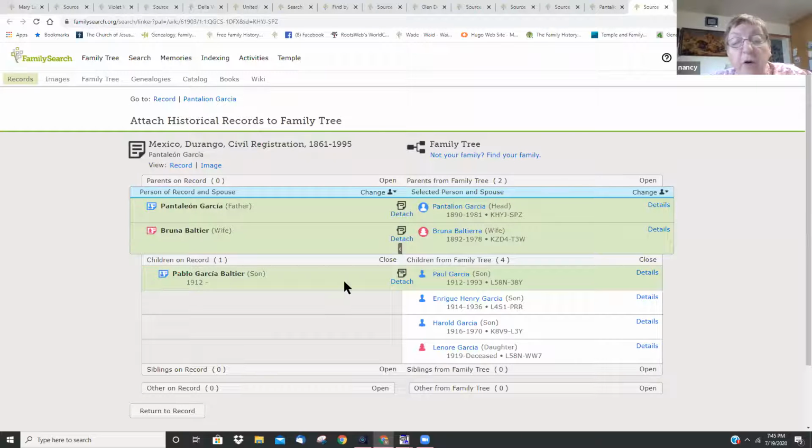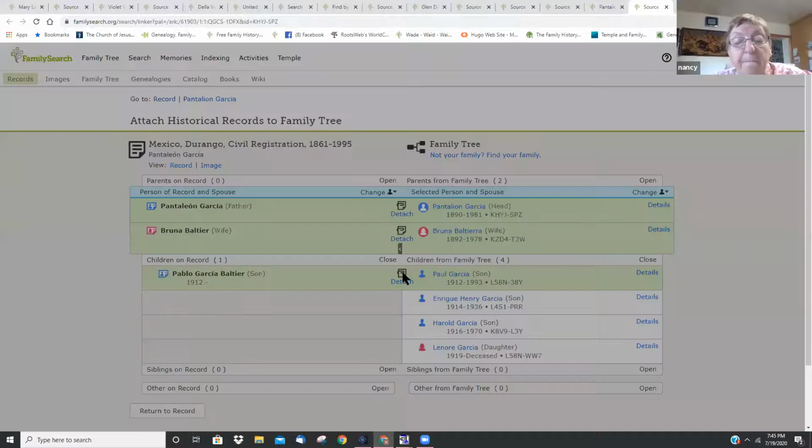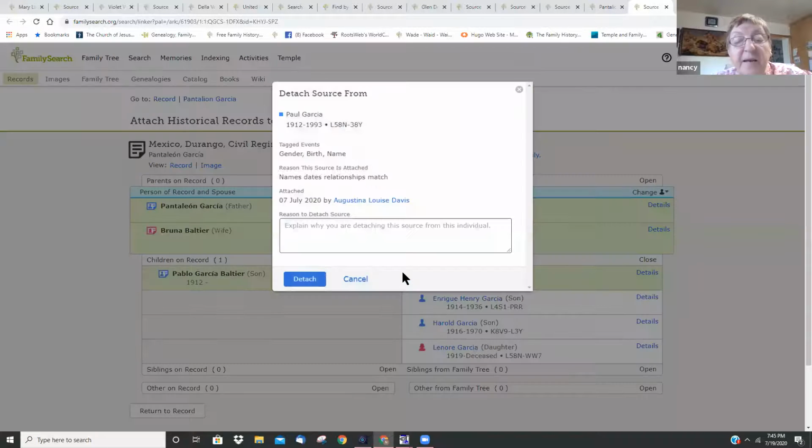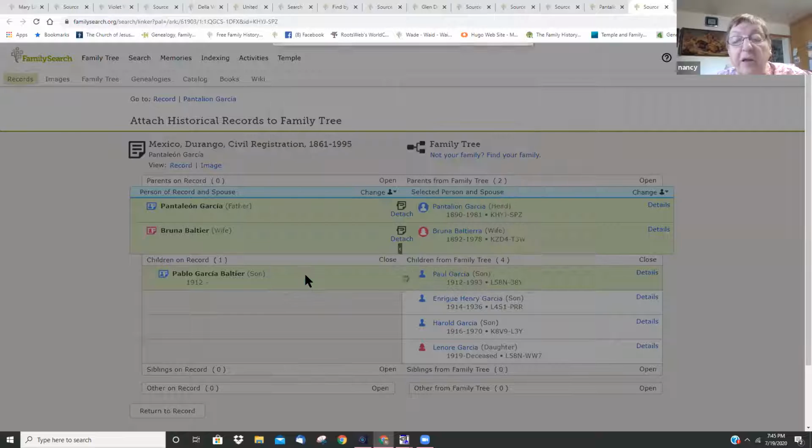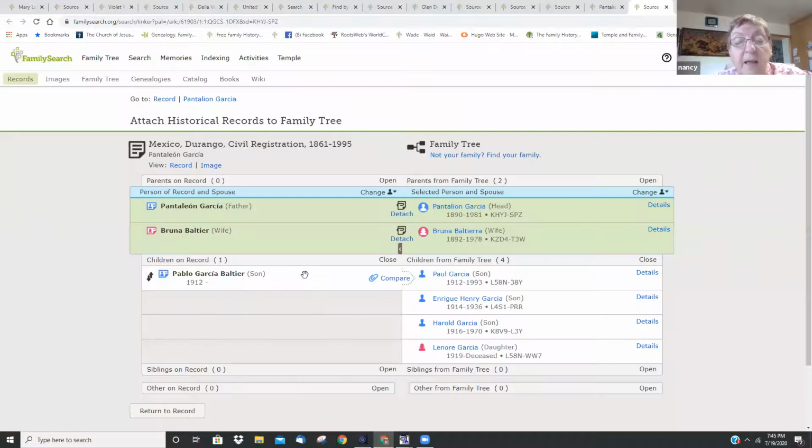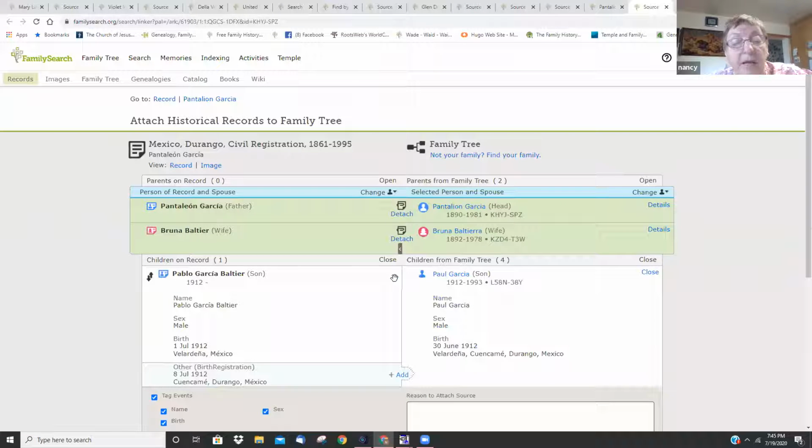By following through, as we compared, I'm going to detach it just for a minute so that we can look at it. When we compare the record, we can see that Pablo Garcia was born the 1st of July, 1912.